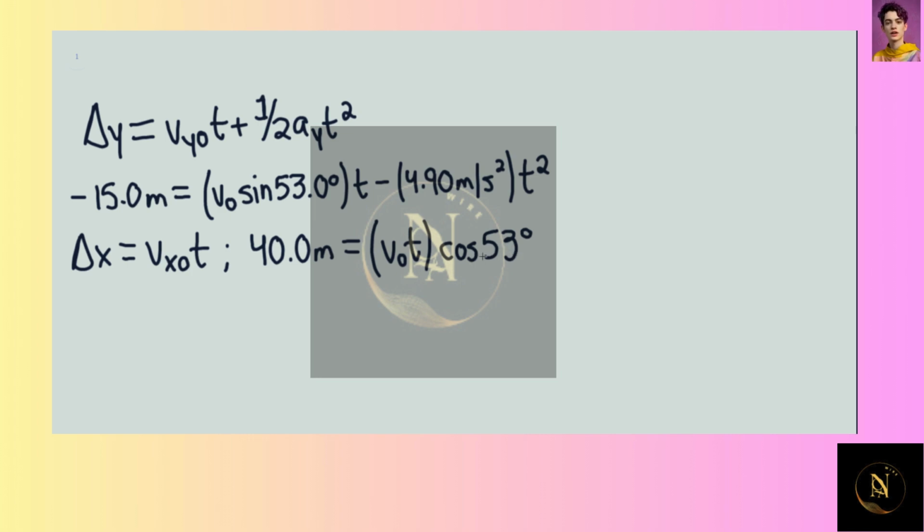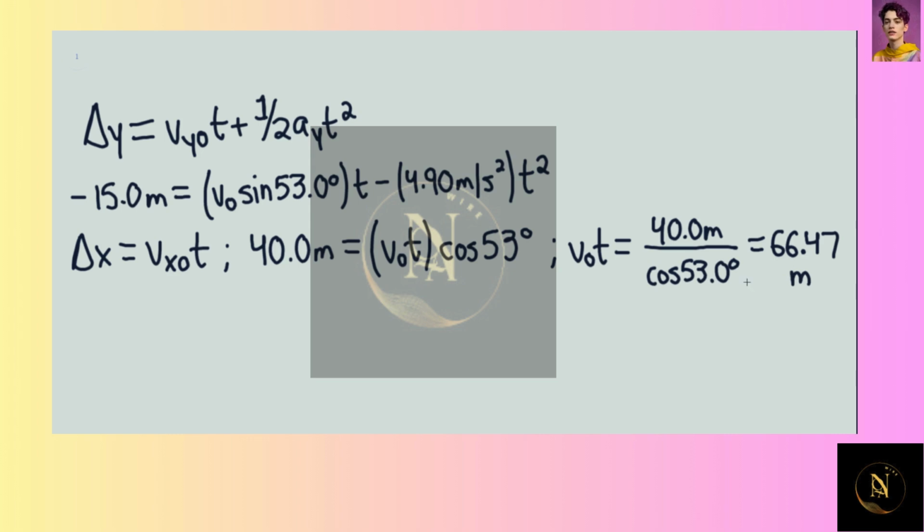And so now we can say that v initial t is going to be equal to 40.0 meters divided by cosine of 53.0 degrees. This is equaling 66.47 meters.